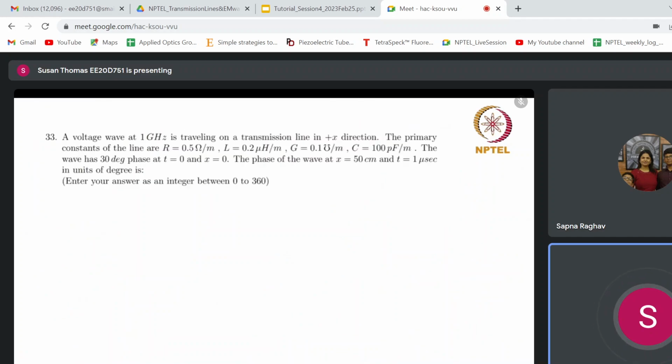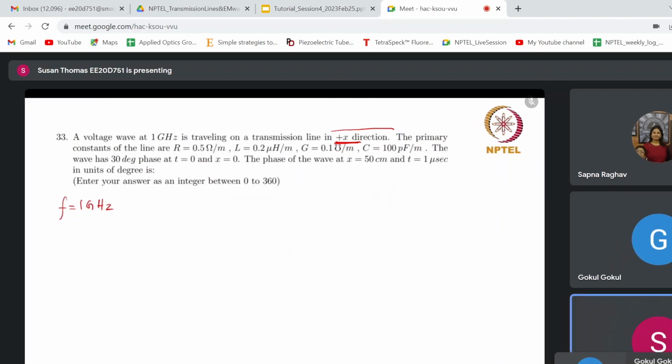So I have one more question in line. In this one, we have a voltage wave at 1 gigahertz traveling on a transmission line in the plus x direction. This is a very important piece of information given to us. For any wave traveling in the plus x direction, how do we write that?